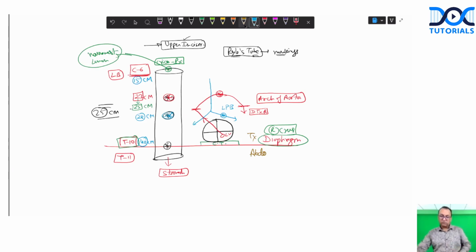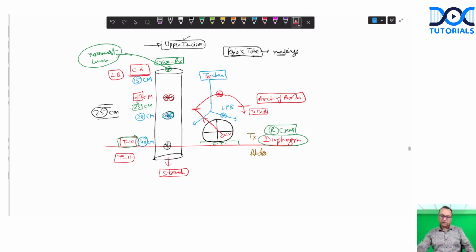So first of all, you are telling that this is the trachea. Yes. And the trachea is to the right side of midline, esophagus slightly to the left side of midline. So since the trachea is to the right side of midline and the esophagus slightly to the left, it is actually the left principal bronchus which compresses the esophagus.